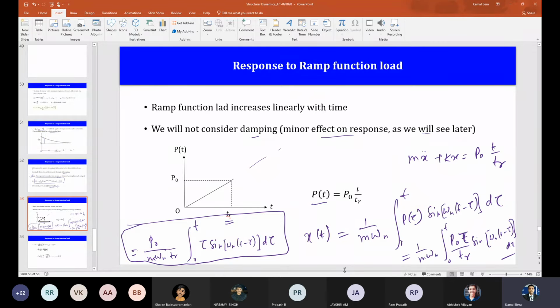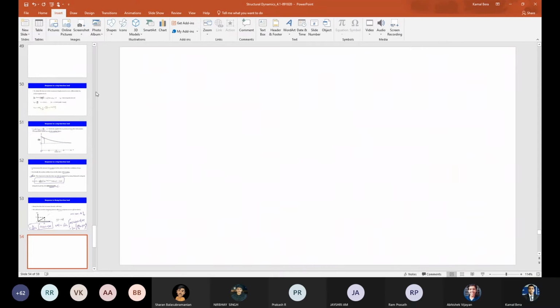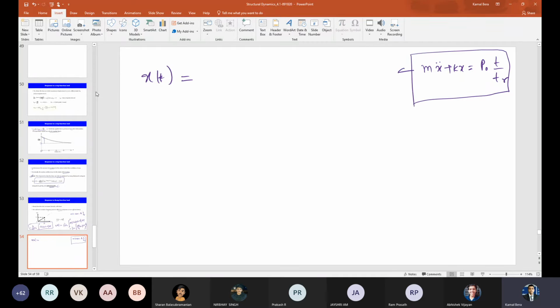Yes, tell me, what is the response? These are very simple integrations for you, right? What is x(t)? Basically, we are solving m x double dot plus k x equals p naught t by tr. So solving, what are we getting?